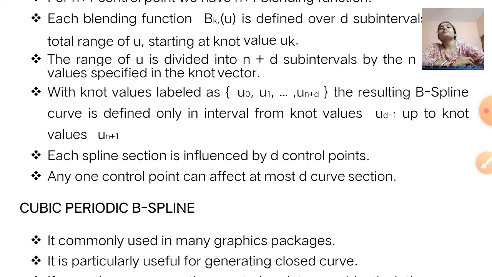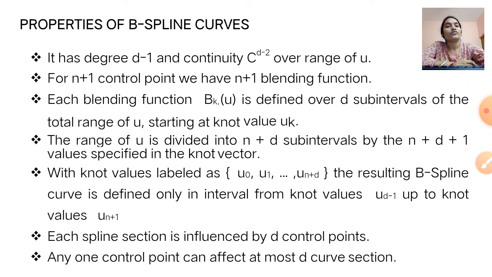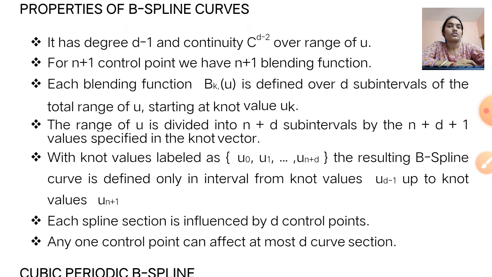Any one control point can affect at most d curve sections. So these are the properties of B-spline curves. All of you remember it. You may get a question in the exam: explain the properties of B-spline curves.